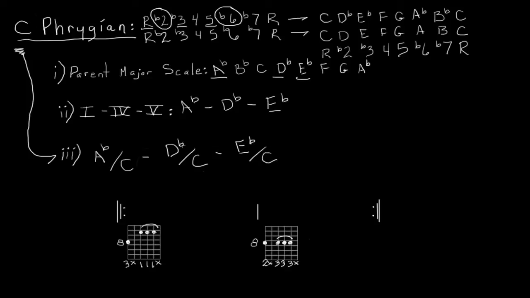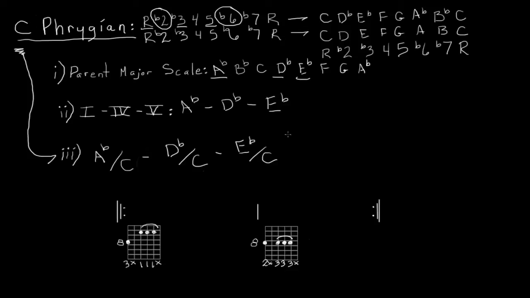Once again, you take the root note of the mode that you want, not the root note of the parent major scale, because that's going to bring you back to Ionian every time. So the root note of the mode that you want, which is C, we put it in the bass of the 3 chords, the 1, 4, and 5 chords. And what we have here are slash chords. Slash chords are a fantastic way of creating a more complex chord in a simple manner.